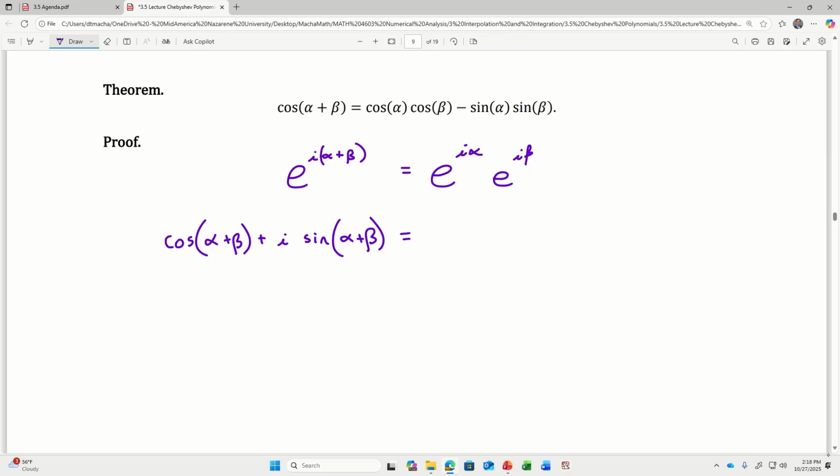On the right side of the equation, Euler's formula is going to give me cosine of alpha plus i sine alpha, my bad, times cosine of beta plus i sine beta. Do we agree so far?